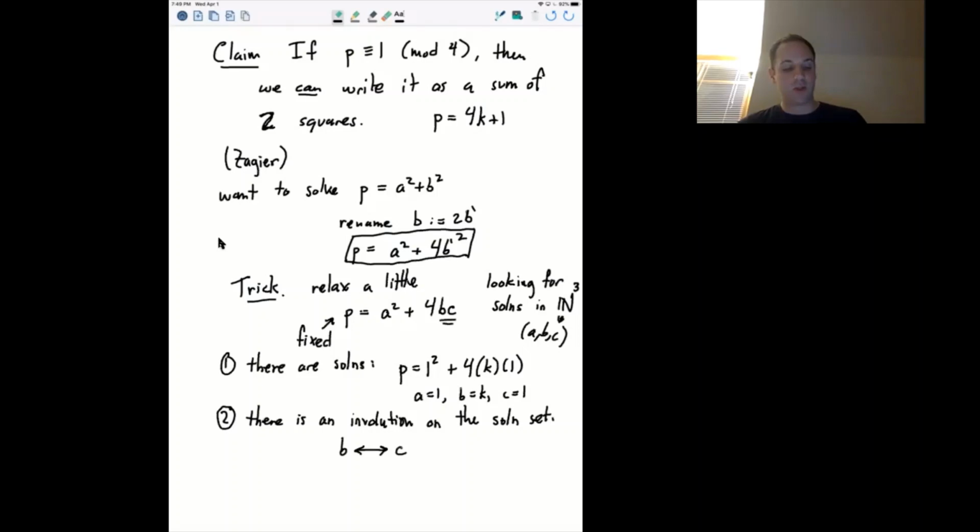That's just because when you multiply 2 numbers together in an opposite order, it's the same thing, right? So that's kind of clear. And we are looking for solutions which are fixed by this involution, right? Because if you have a solution which, when I switch B and C, it's actually the same solution, that means that B and C are equal, right? And that's what I originally wanted. Okay, so that's the next thing.